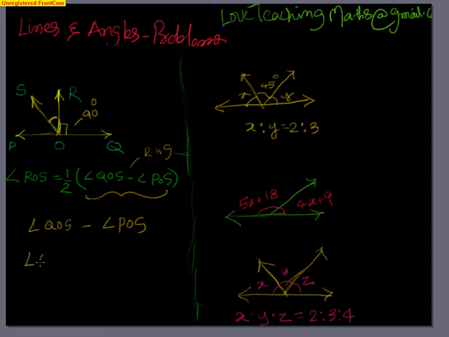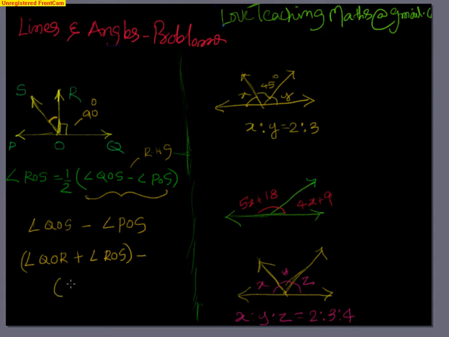So I will say angle QOR plus angle ROS, minus POS. And you see POS is equal to POR minus ROS, right?